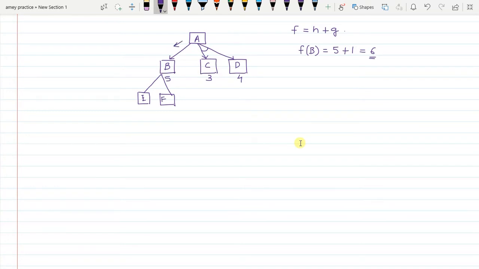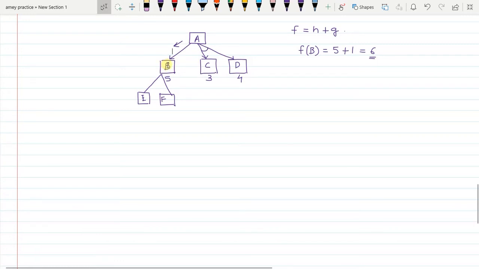Ignore the heuristic values that we have taken for C and D, just for example's sake, and assume that the smallest f value happens to be that of B. Suppose the algorithm decides to choose the path from B. Then first it will check whether B is a goal node.